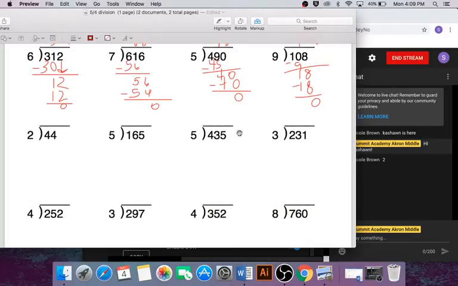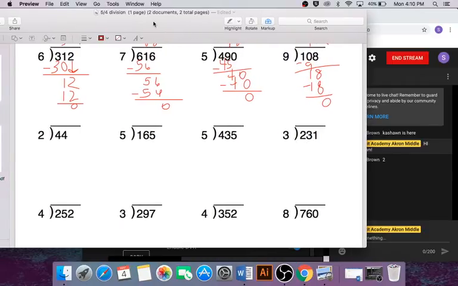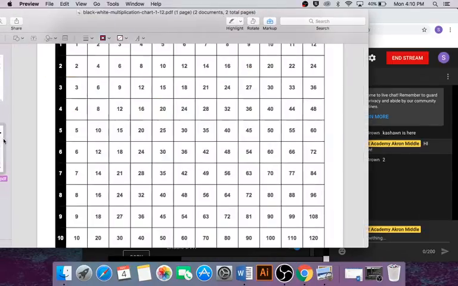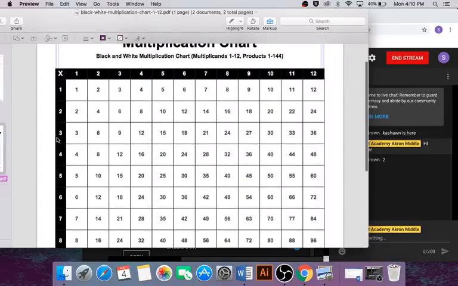Okay, our next one, we have 231 divided by 3. So 3 can't go into 2, so we have to move over to 23. Figure out how many times 3 can go into 23 without going over. So we go to our 3 times table, we go up. Oh, there's 24, that's too much, so we have to go back to the 21. 3 times 7 is 21.